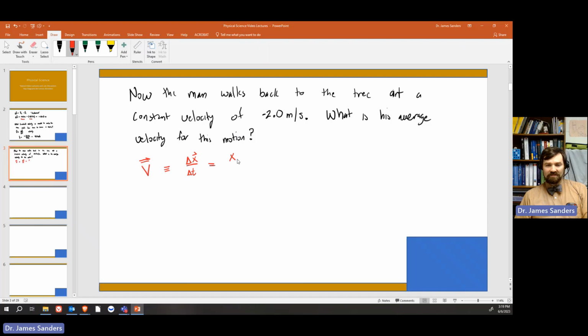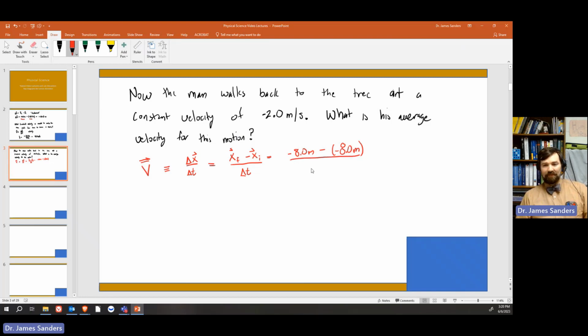is the same as where he finishes minus where he starts. In both cases, he starts and finishes at the tree. So this is negative 8.0 meters minus negative 8.0 meters, divided by some amount of time. We know it's not 0 because he's already taken 4 seconds to get from the tree to the house.